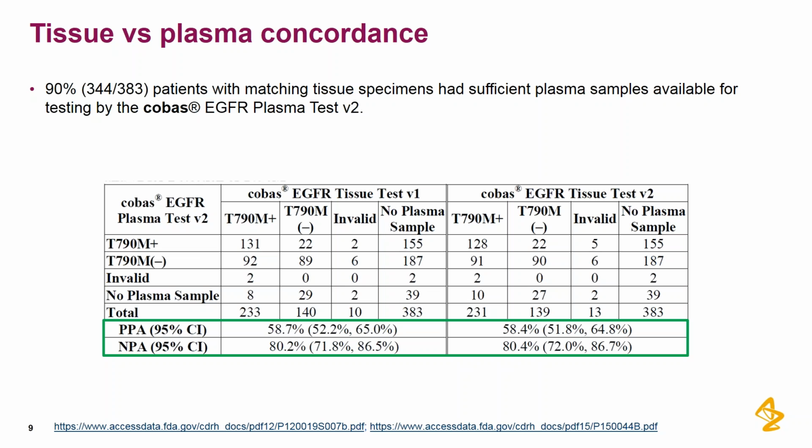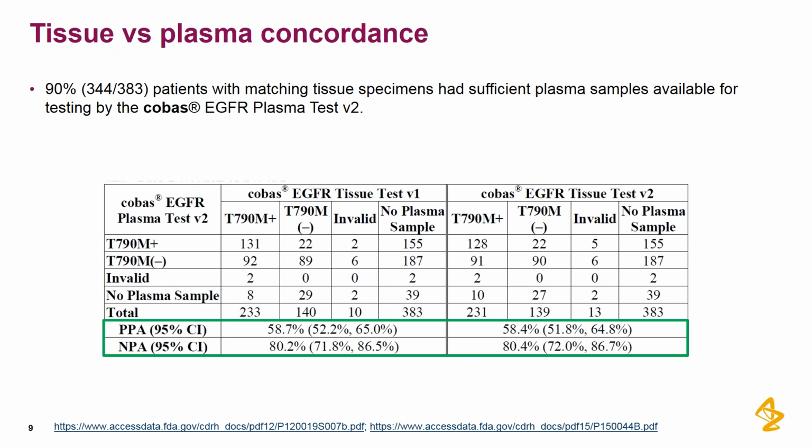Essentially the PPA of 58.7% comes from the 131 in the COBAS version 1 test positive cell and the plasma test version 2 positive cell, out of 223, the total in the COBAS test 1 T79M positive, excluding the invalid and the no plasma sample from 10 patients.